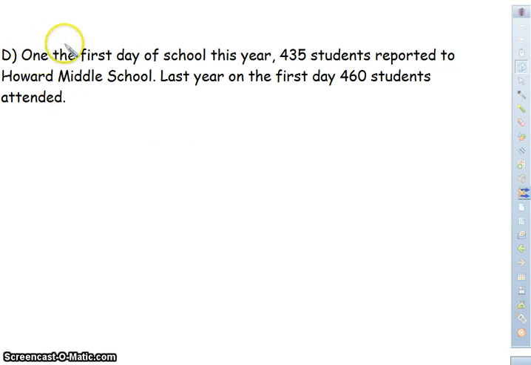I'm not sure that's read correctly; I'm guessing it should say that on the first day of school this year, 435 students reported to Howard Middle School. Last year on the first day, 460 students attended.